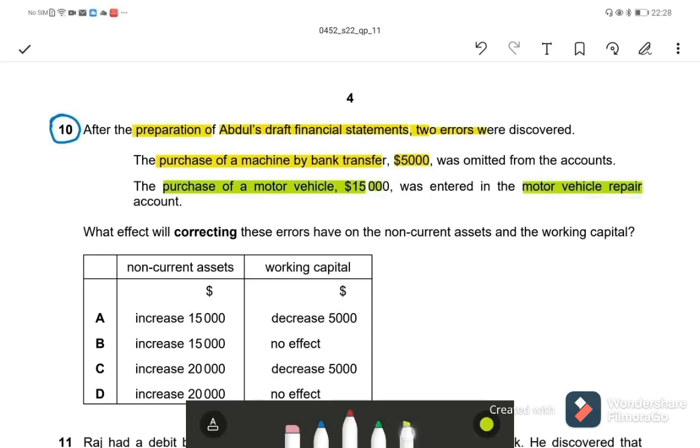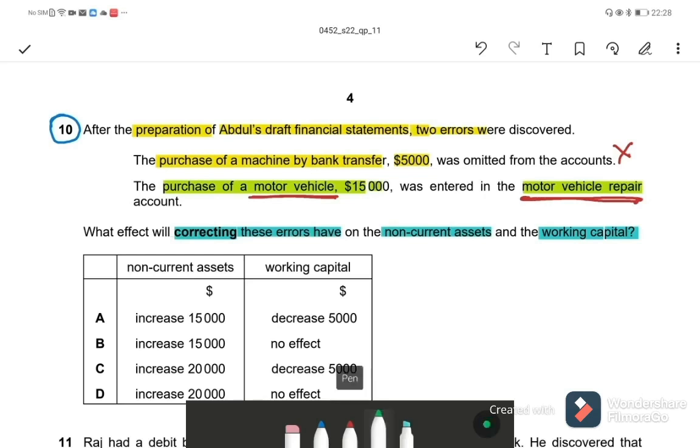So what is the question? The question, what effect will correcting these errors have on the non-current assets and working capital? In the non-current asset, purchase of machine by bank transfer, that is 5,000, and purchase of motor vehicle 15,000. So after the correction of error, they omitted the purchase of machine.